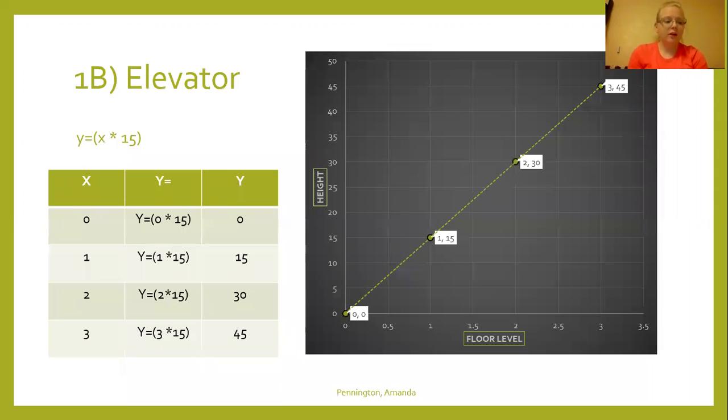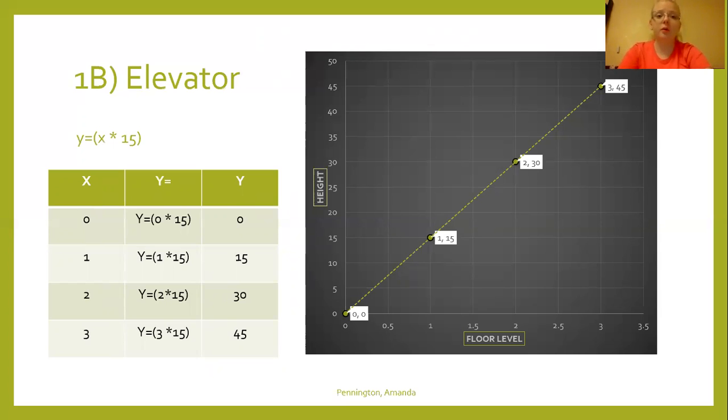Okay, our second one wants to talk about the function of the height of an elevator stopping at each floor on the way up. So we're going to say that a typical floor is going to be 15 feet high from the ground to the ceiling, and so every time the floor goes up, we're going to have 15 feet added. So our x values are going to be the levels of floor, 0, 1, 2, and 3, and then we're going to graph those.